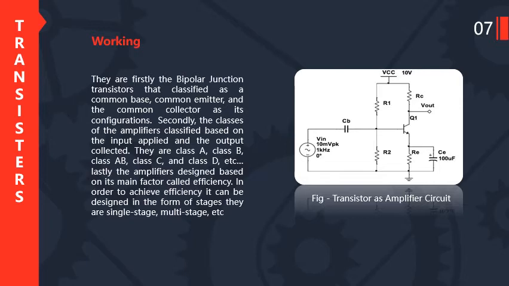They are class A, class B, class AB, class C and class D, etc. Lastly, the amplifier designed based on its main factor called efficiency. In order to achieve efficiency, it can be designed in the form of stages. They are single stage and multi-stage, etc. So these are the different types of amplifier.